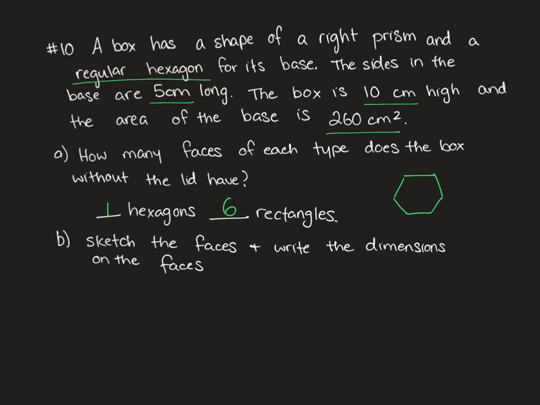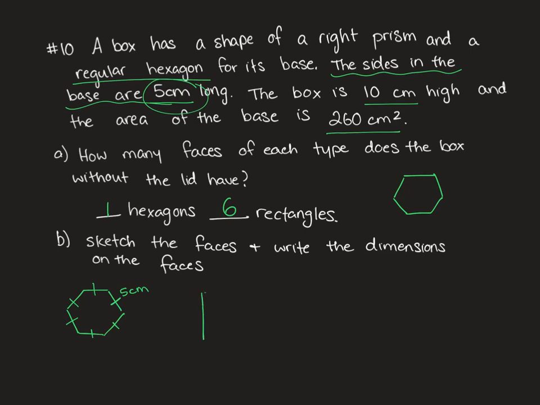Now, part B asks us to sketch the faces and write the dimensions on each face. So I can start by sketching a hexagon. What does it say the side length of each side is? So when it says the sides in the base are 5 centimeters long, that means each side of this hexagon is 5 centimeters, okay?